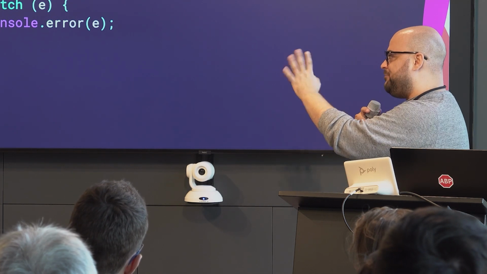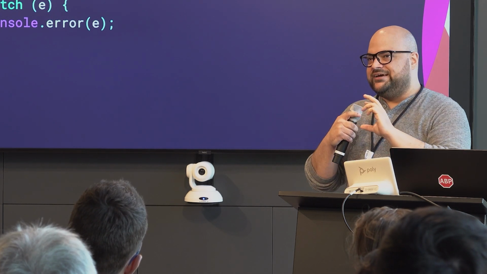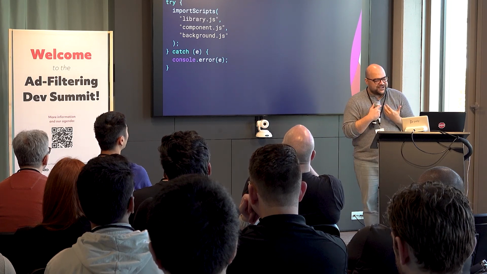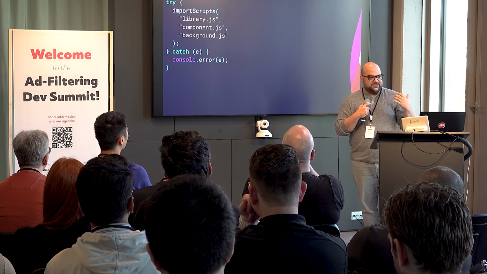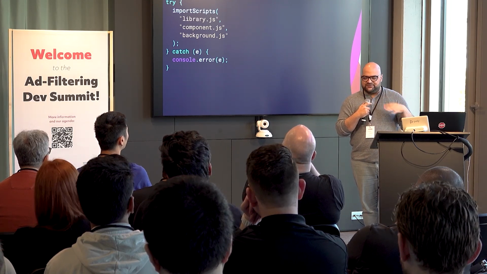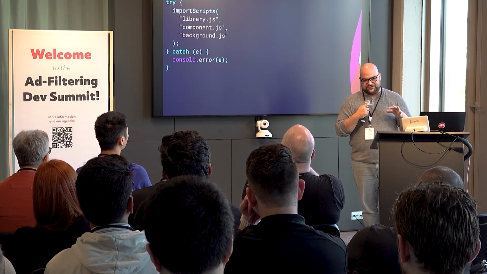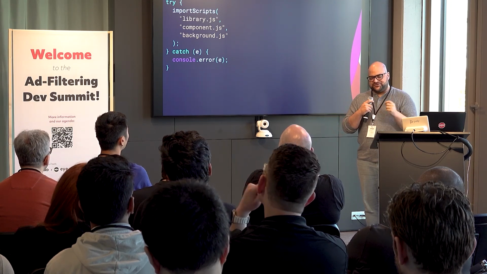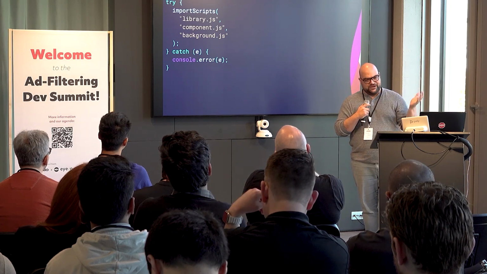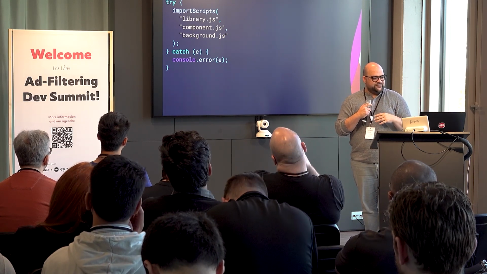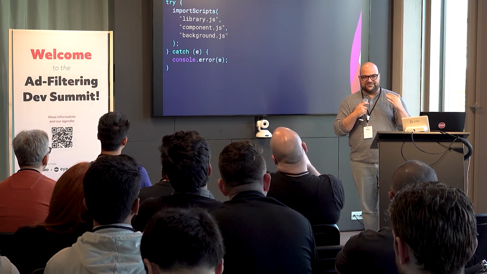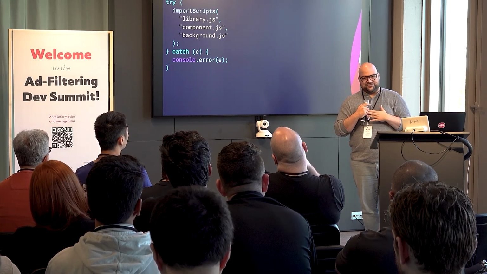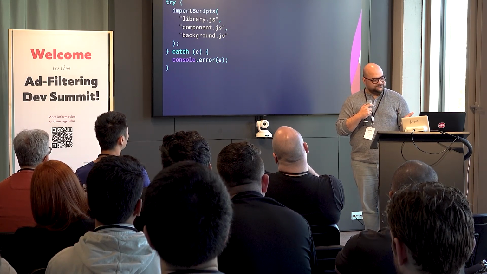In this case, I'm wrapping it in a try catch because the way that I tend to work is by using the dev tools as the primary place that I'm interacting with. And if you fail to register a service worker, if your scripts throw on initial execution, then the service worker isn't registered, so there's no background context to debug.